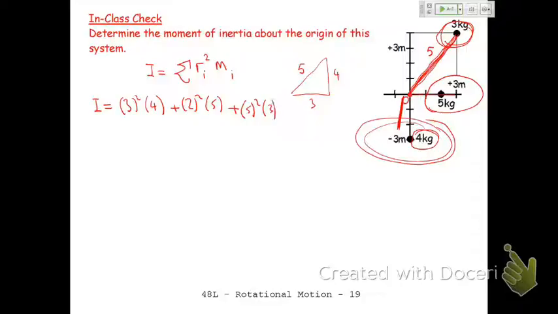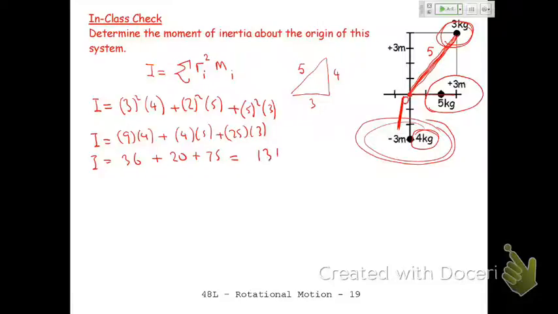So my moment of inertia is equal to 9 times 4 plus 4 times 5 plus 25 times 3. So that's 3 9s are 27, 4 9s are 36, plus 20, plus 75, which equals 131, I think. 131.